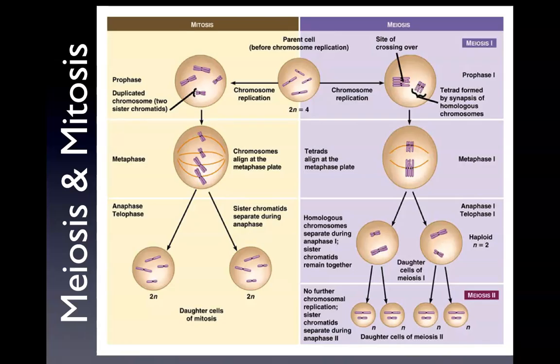So here, if you take a look, this sort of lays out, so mitosis is all on this side. So here's your parent cell, prophase, you've got your duplicated chromosomes sitting here as sister chromatids. Okay, we go through metaphase, and those sister chromatids stay together, they're lined up, but we're not worried about whether these chromosomes are homologous to each other.